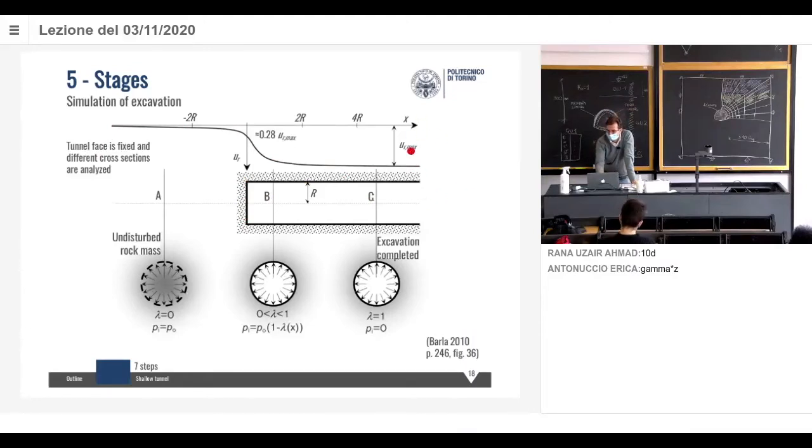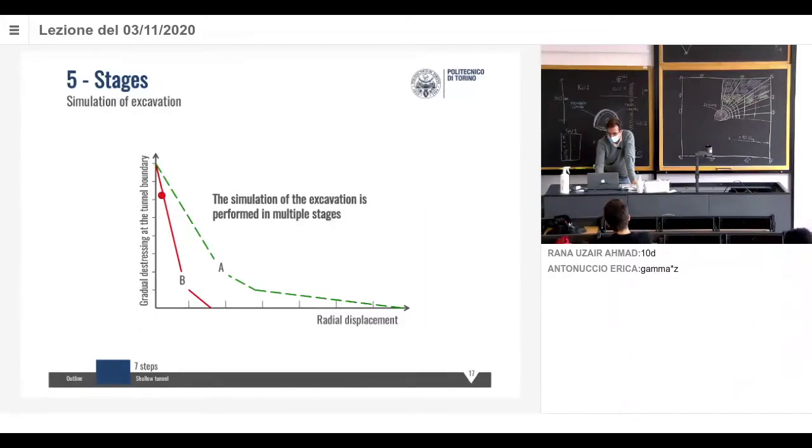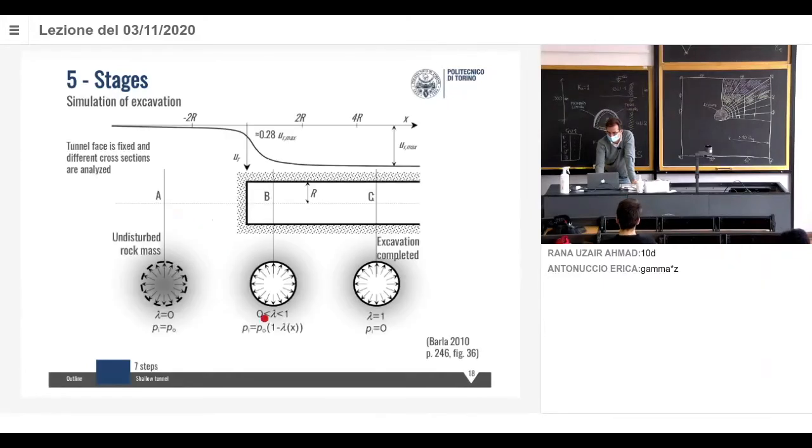It's the total displacement when we are down here, because the tunnel is fully excavated. So this is the beginning of the characteristic line, this is the end of the characteristic line, and all the rest is in between.